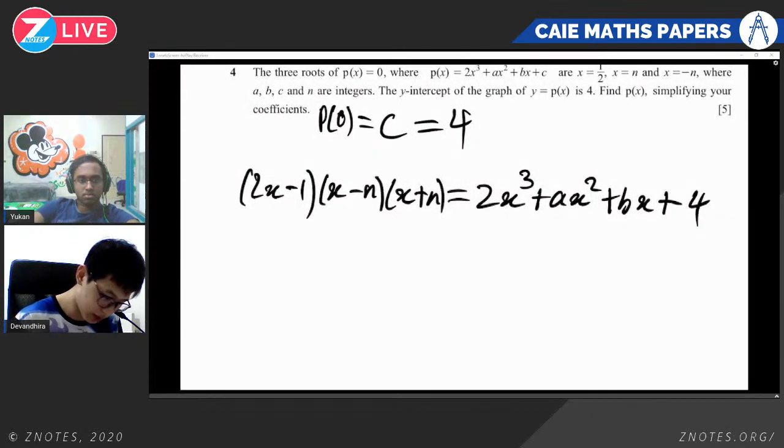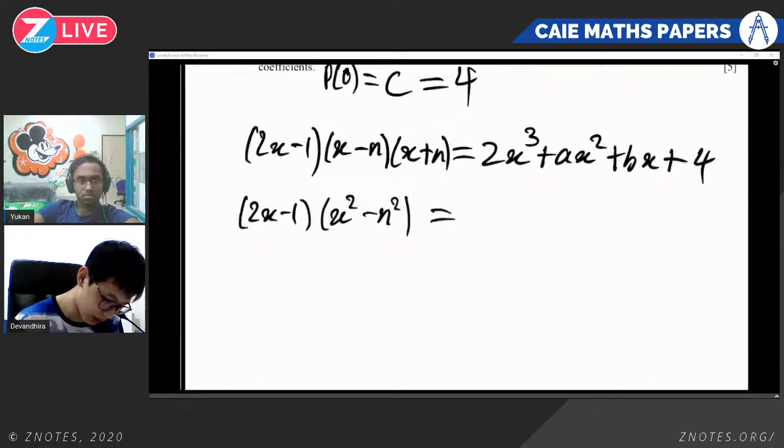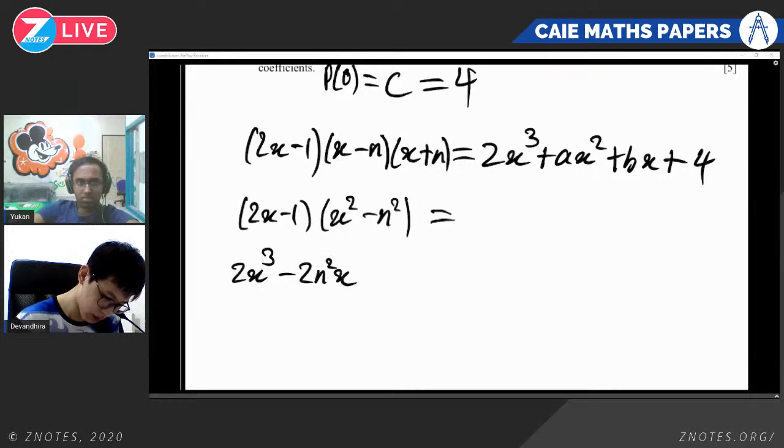So let's expand this out. I'll expand the difference of squares here. We have x squared minus n squared, multiplied by that thing again. Then let's expand this one. So we have 2x cubed. Let's see what else. Minus x squared, minus 2n squared x, plus n squared.